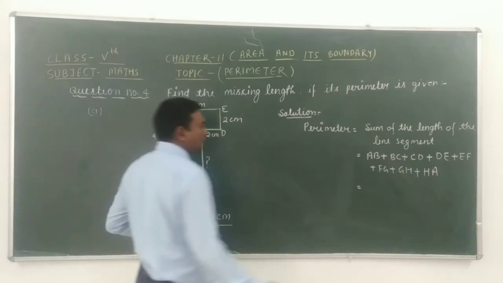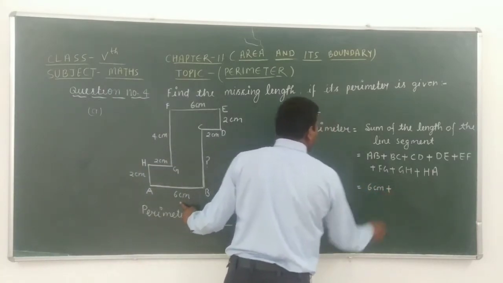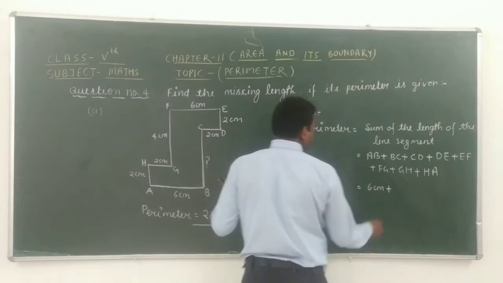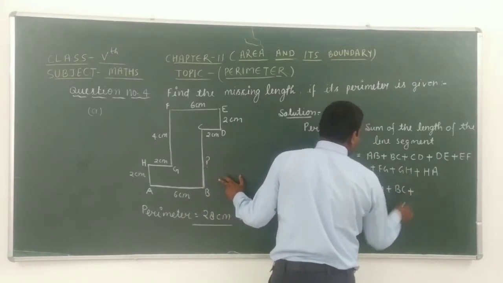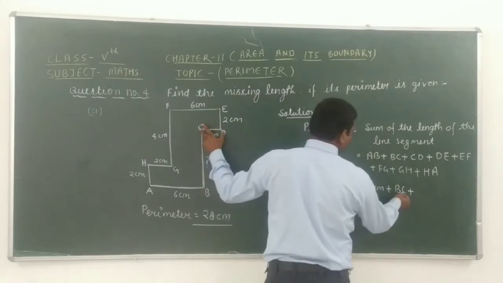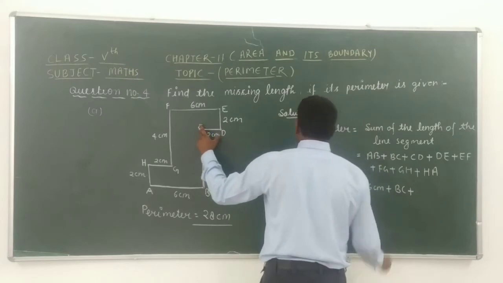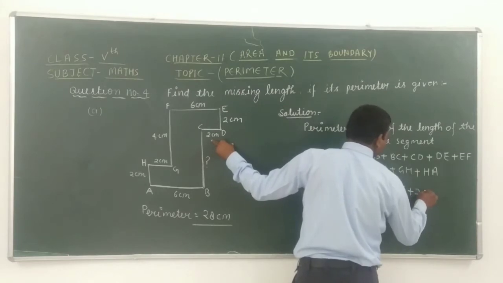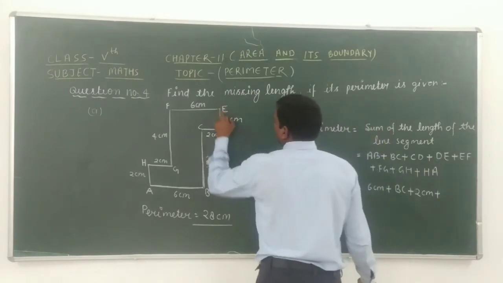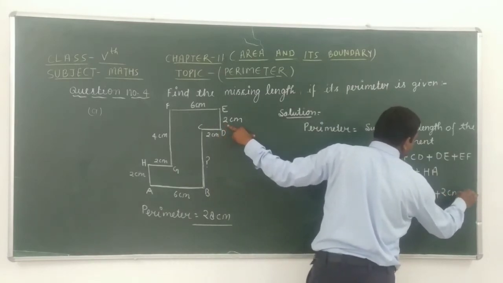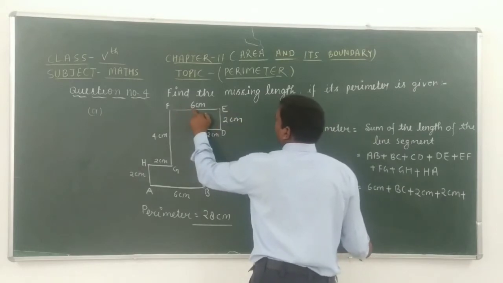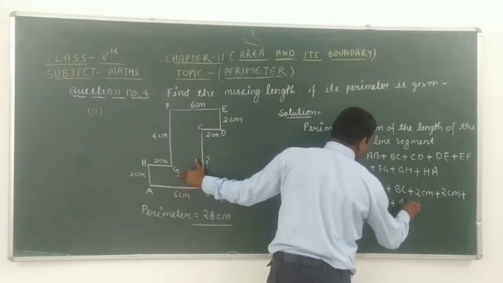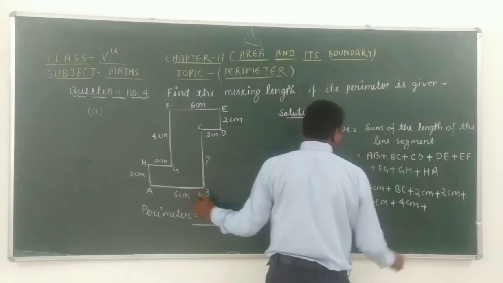AB is 6 centimeter, plus BC is question mark, we can write BC as same, plus CD is 2 centimeter, plus DE is 2 centimeter, plus EF is 6 centimeter, plus FG is 4 centimeter, plus GH is 2 centimeter.